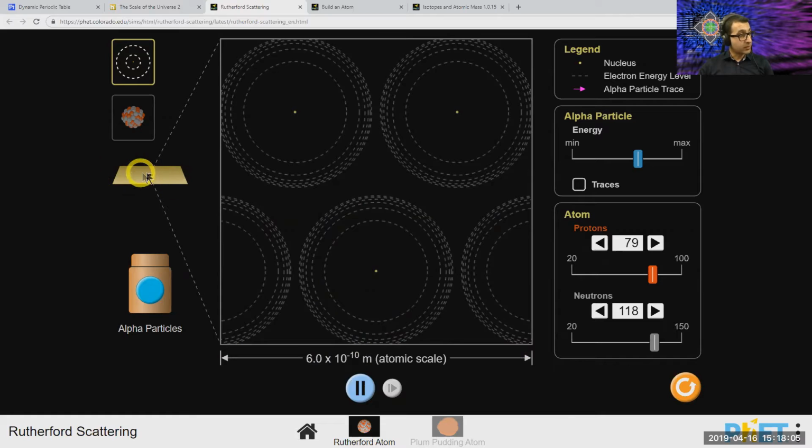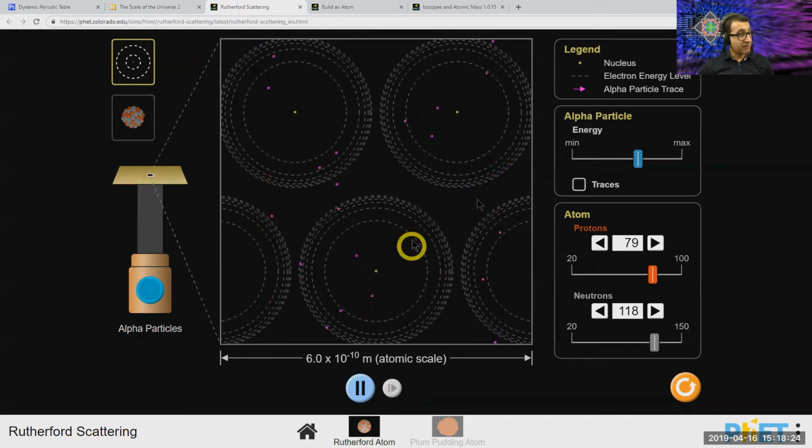He took a gold film made up of gold particles. Now, the reason he used gold was that gold is very malleable and very dense and can be hammered into extremely thin sheets. So he fired alpha particles, represented by these, at the gold film, and he found that they were scattered.